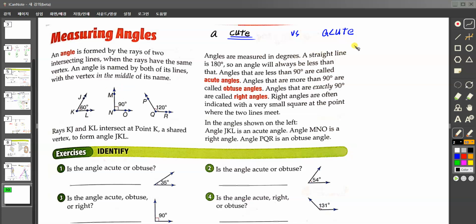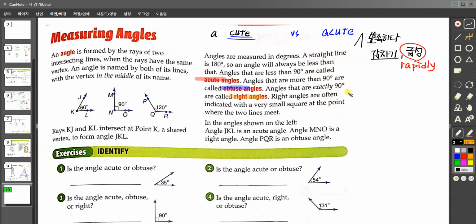Acute means sharp, pointed. Or it can mean suddenly or rapidly, so acute pain is pain that comes on suddenly. I got an acute pain. Acute angles, obtuse angle, and right angle.